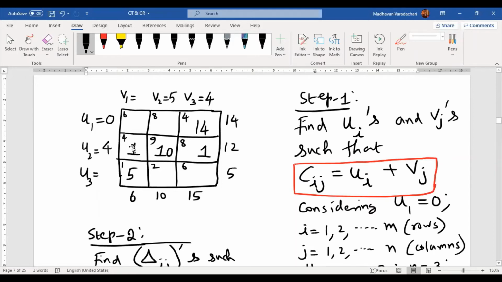There is an allocation here. Cost is known to be 4. The u value is known to be 4. The v1 value is unknown. What should be the v1 value? 0. Very good. Come down, there is an allocation here. What should be the u3 value? 1. Very good. It should be 1.